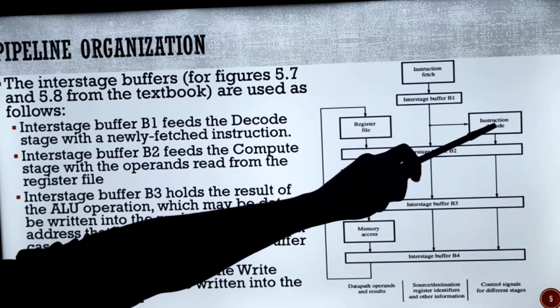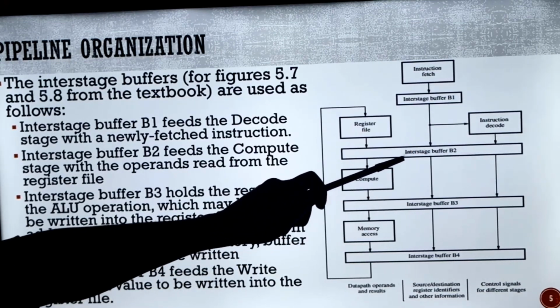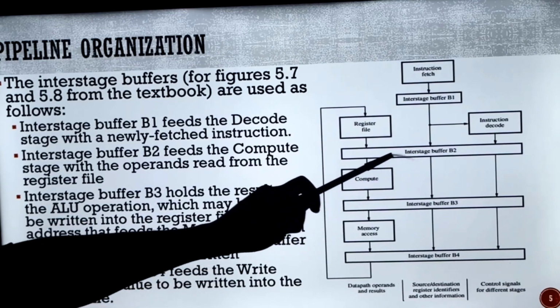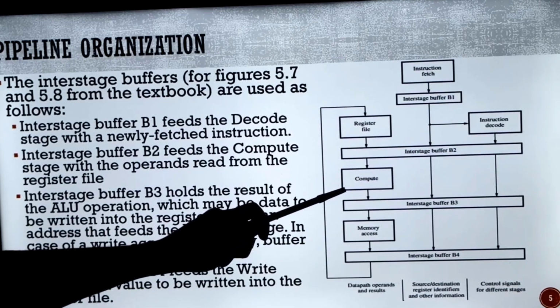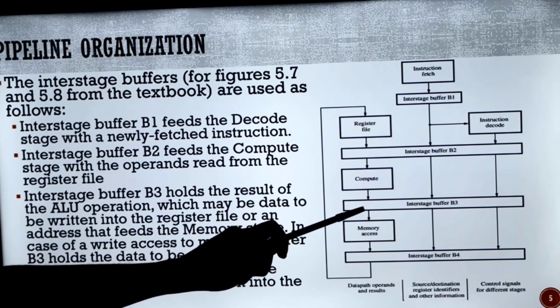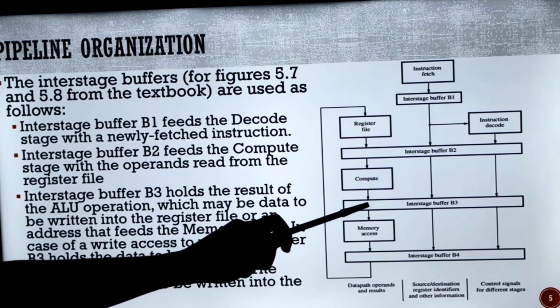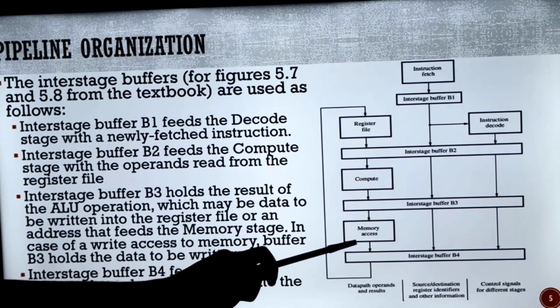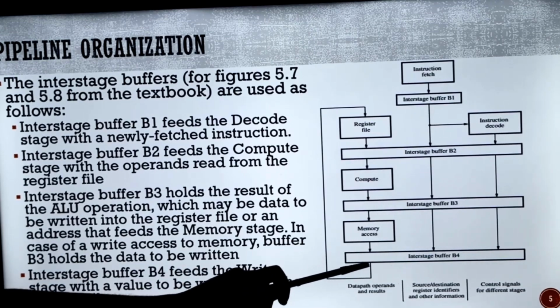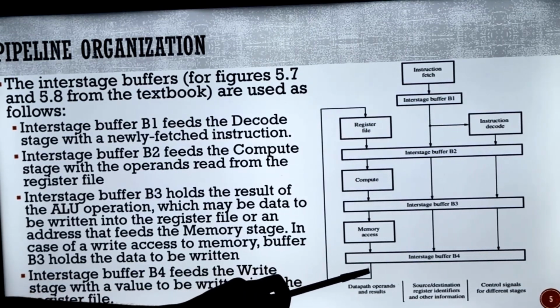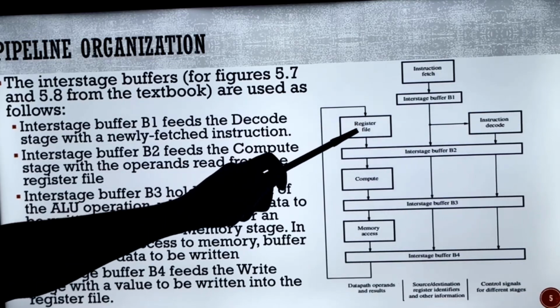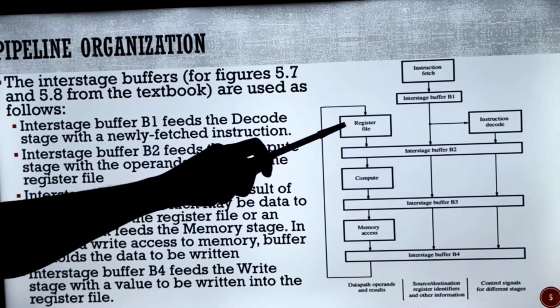From decoding also, whatever you decode goes through a buffer, and from this buffer it is forwarded to the computing stage. From the computing stage it goes through a buffer again, and from the buffer it is forwarded to memory access, and from memory access again to a buffer. From the buffer only it goes for the writing operation, which is done in some registers.